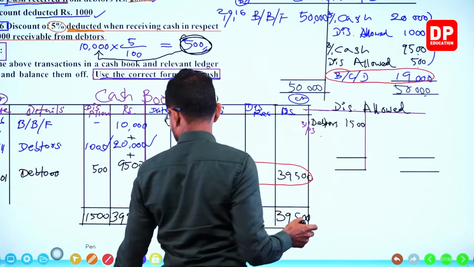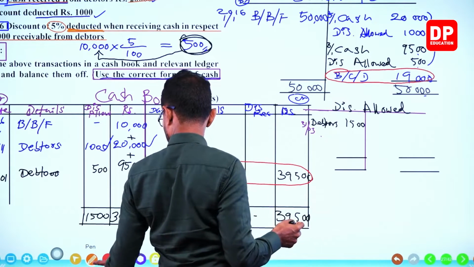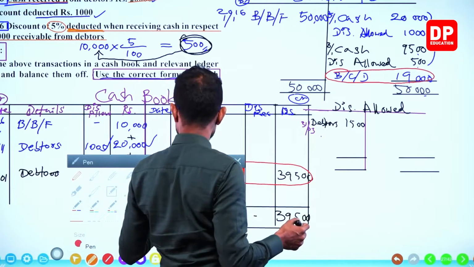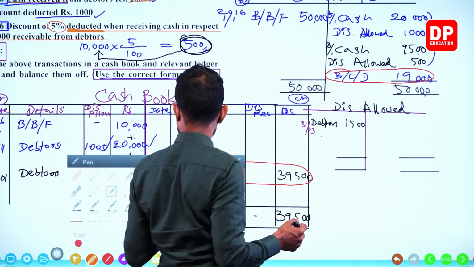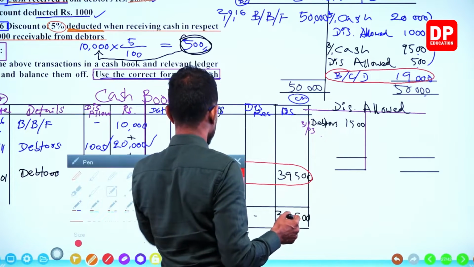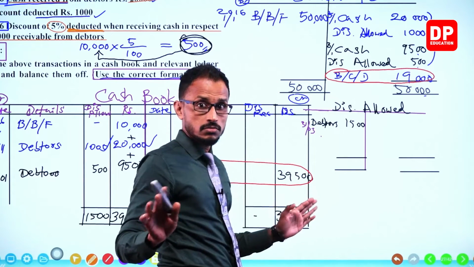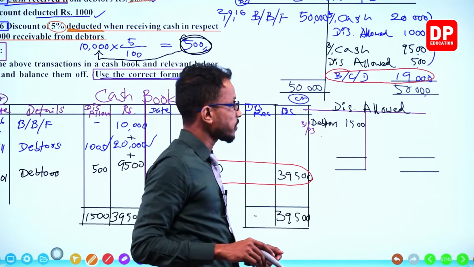Remember, when balancing income and expense accounts, you don't mention a balance carried down or balance brought forward.